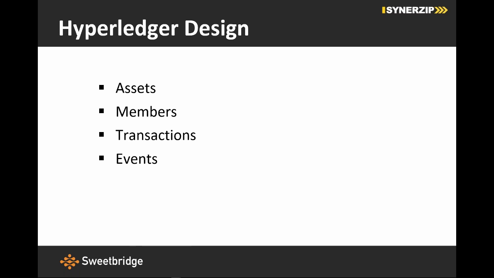But understanding who all the different participants are is really important, and you can have many members invited to a network, but also have within that network what are called channels, where you can segregate private transactions. So even though you're a member of a Hyperledger network, doesn't necessarily mean that you'll have access to all the transactions and all the assets that are recorded on that blockchain, because they can be segregated with access control lists and also with channels.